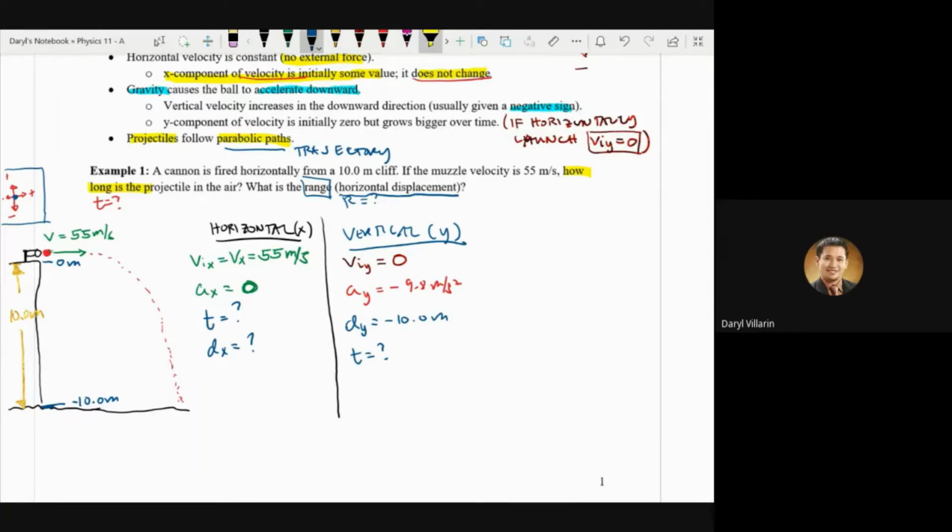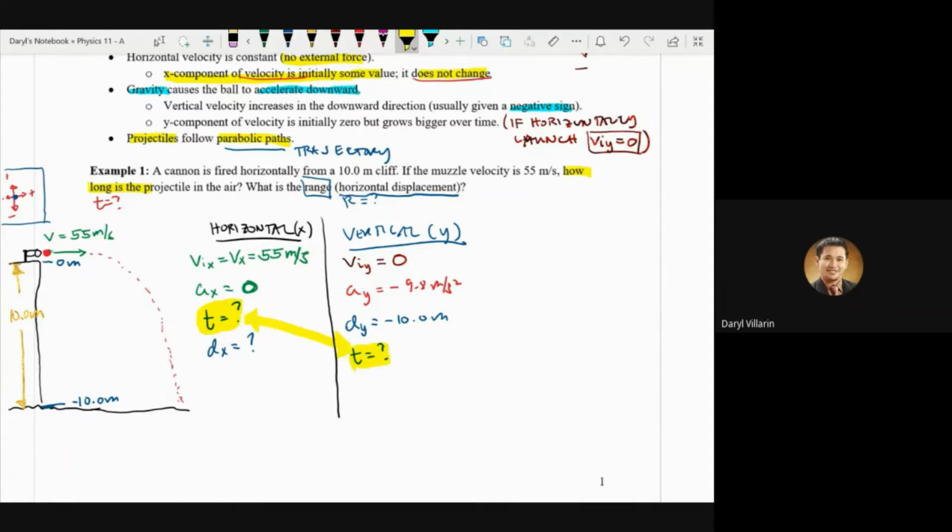For the time, I am not using tx or ty. The reason is that time is the variable that you can use for both. Whatever time I get on this side is also the same time I can use on the other side. That's the only quantity shared between them, the time variable.